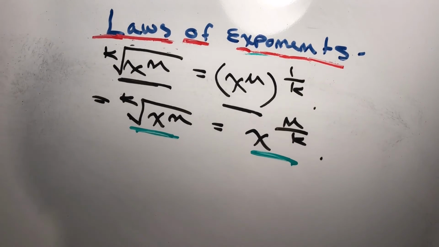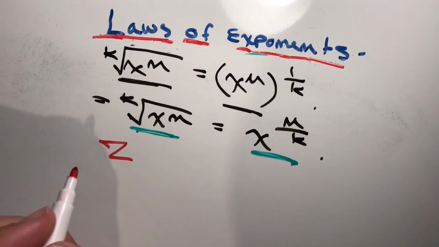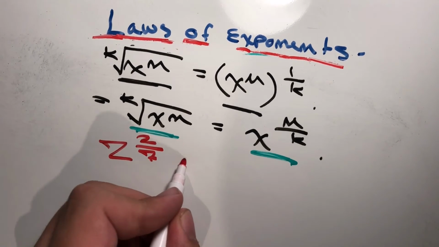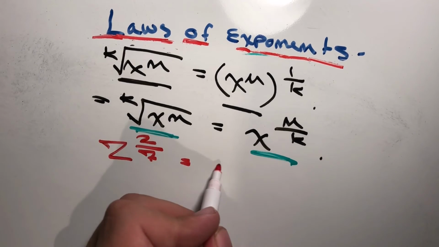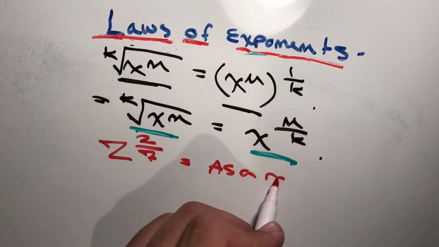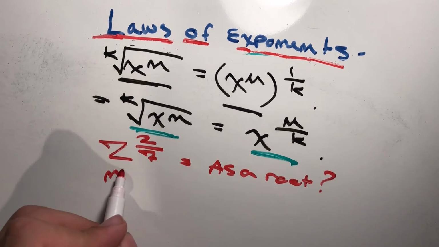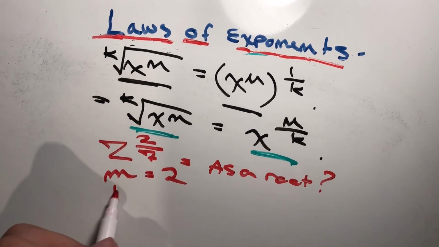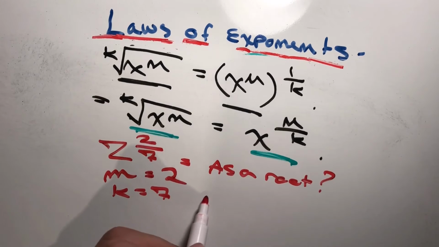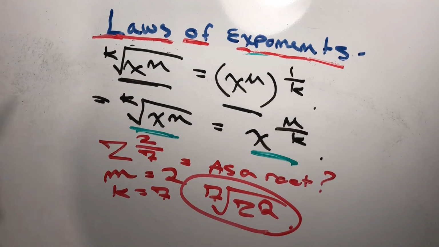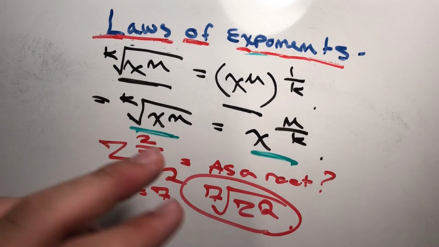Say I had z to the 2/7, and I want to write it as a root. Well, my m in this case is 2 and my k is 7. So I'm taking the 7th root of z squared. That's a way to write it in a root-like format, based on this manipulation.